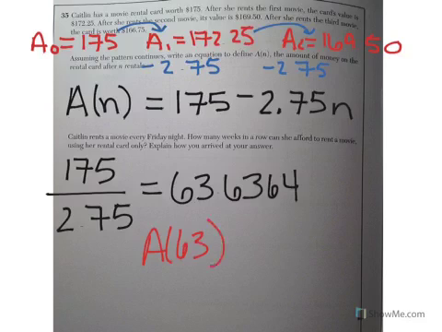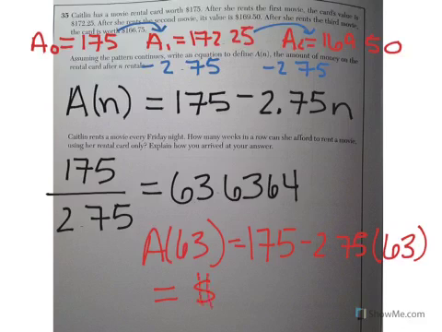When n is equal to 63, we have 175 minus 2.75 times 63. Okay, so we end up having $1.75 left on her card. So obviously she wouldn't have enough money to rent another movie.